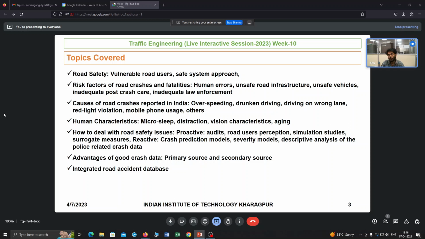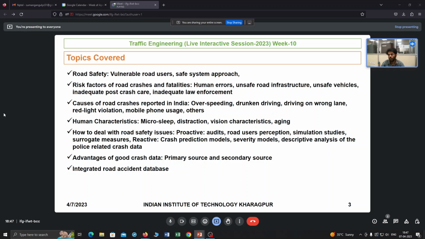Generally, based on the statistics, what we are seeing is that more and more vulnerable road users are the victims in road safety scenarios. For example, the cyclists, the bicyclists, the pedestrians, they are the most vulnerable, right?